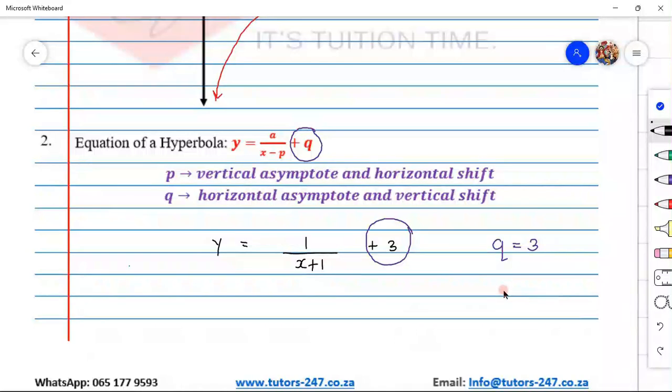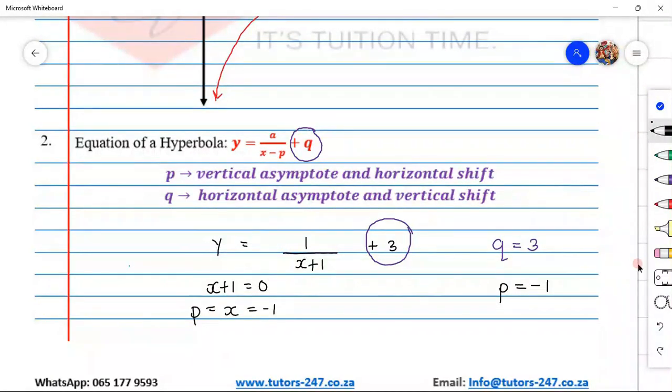So if the sign is positive, you'll extract a negative. So therefore p will be equal to negative 1. An alternative approach that you can take is what we did previously, to have x plus 1 and equate it to 0. So whatever you have in your denominator position, just equate it to 0, solve for x. Therefore, you'd end up with x equals negative 1. So you can conclude that your p-value is negative 1.